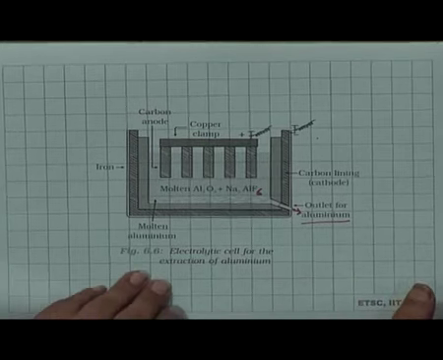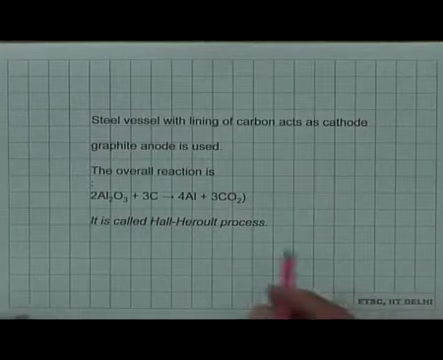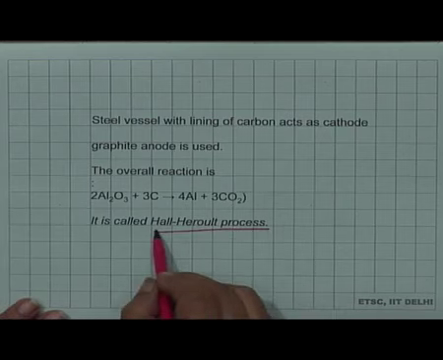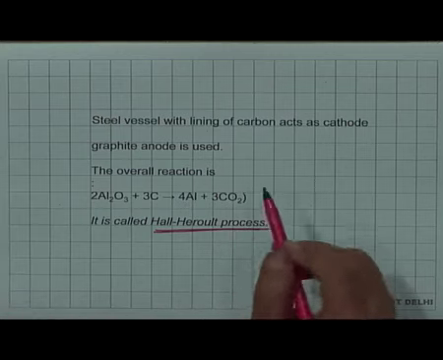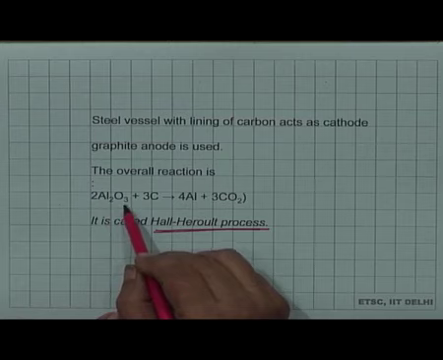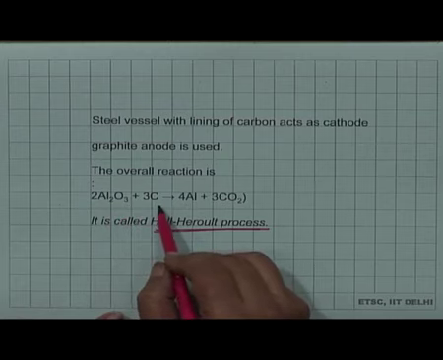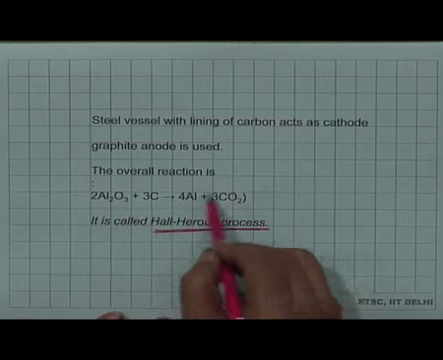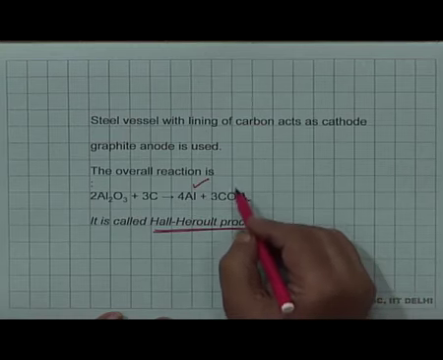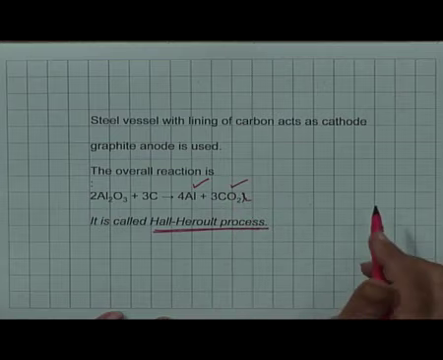This process is called the Hall-Héroult process. If you look at the overall reaction which takes place, alumina is reduced by carbon into aluminum metal, and carbon dioxide is a byproduct.